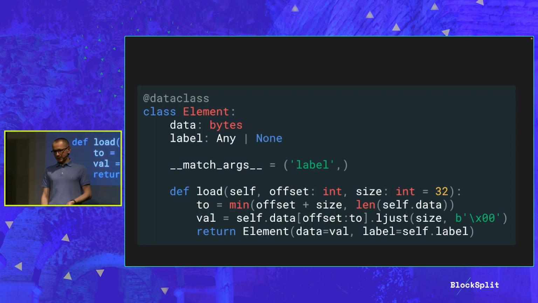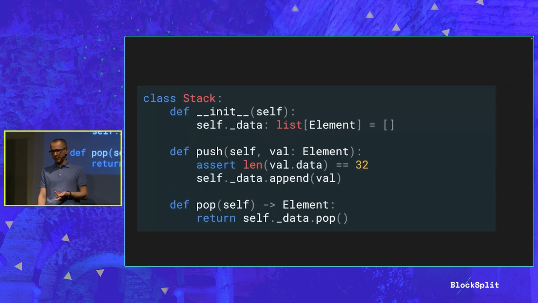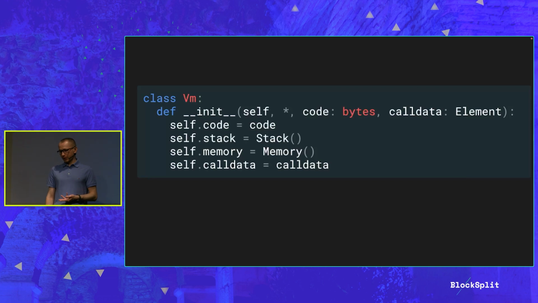Class Element is basically labeled bytes: bytes with some label, let's say a string. So the stack implemented with this element is just a list or array of these elements, a list of labeled bytes. And the virtual machine has a stack, memory, and call data.